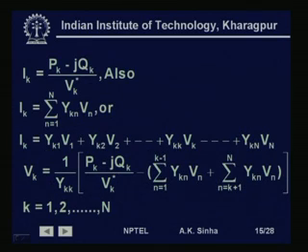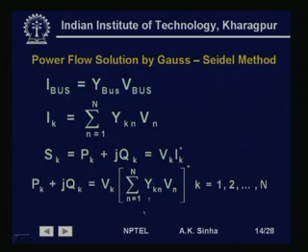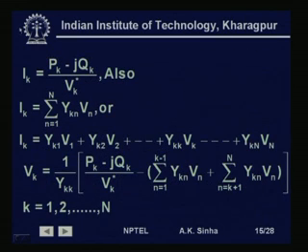We know from this relationship, P k plus j Q k is equal to this, therefore we can write I k in terms of P k minus j Q k.